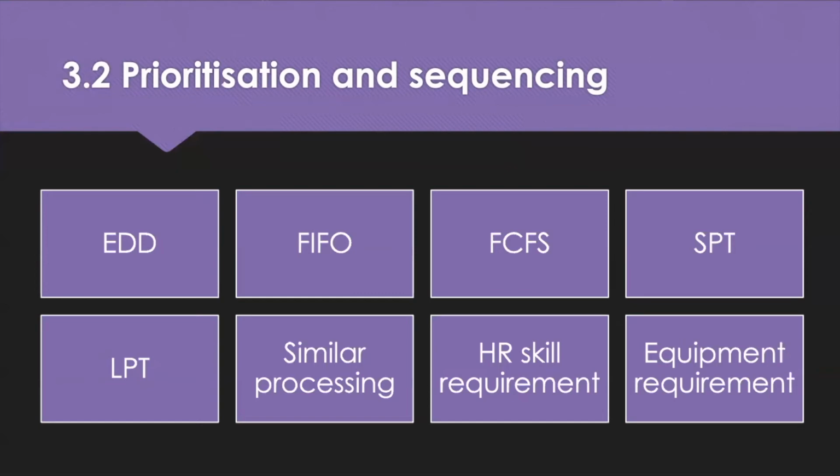The FIFO stands for first in, first out. Or you've got the first come, first serve, FCFS. And that's easy to manage as the processing order can be allocated on arrival. The SPT is the shortest processing time. This can be more awkward to administer as there may be similar orders that have the same time or a similar process.